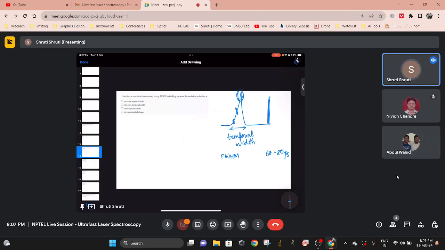So each point of the pulse will give a decay like this. One single pulse can give rise to many decays. On this side also you will have something like this.